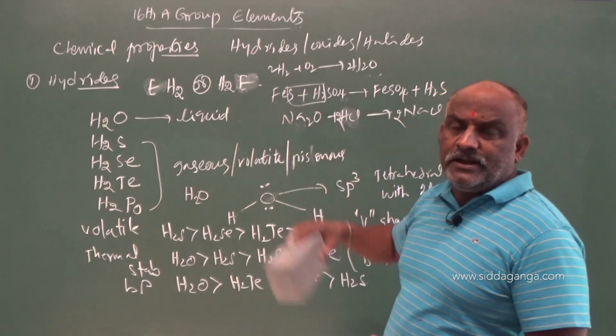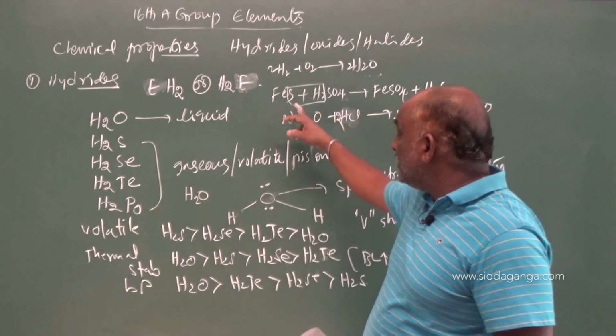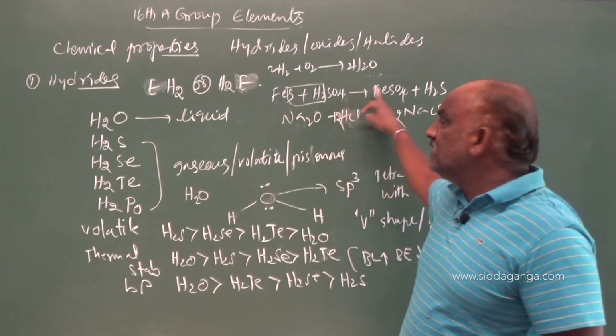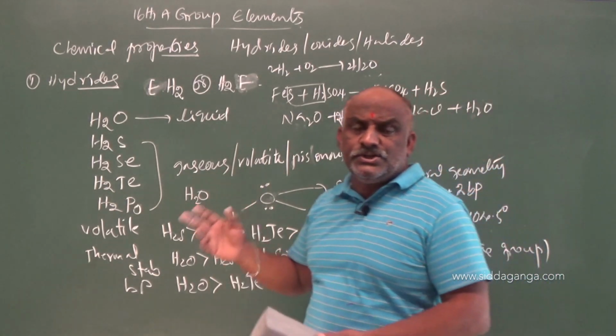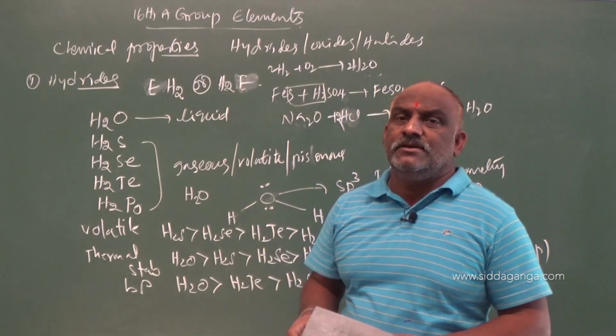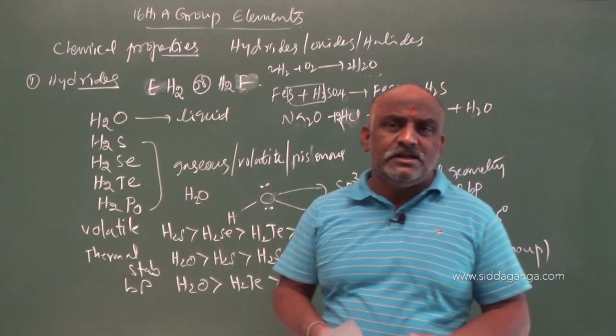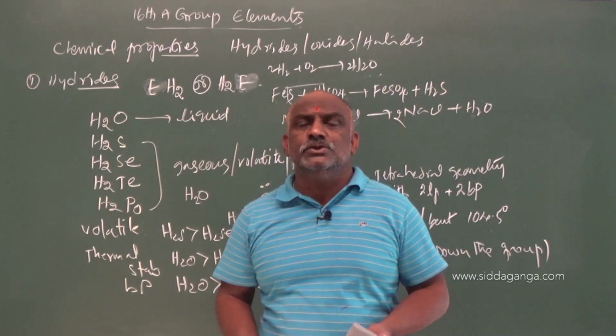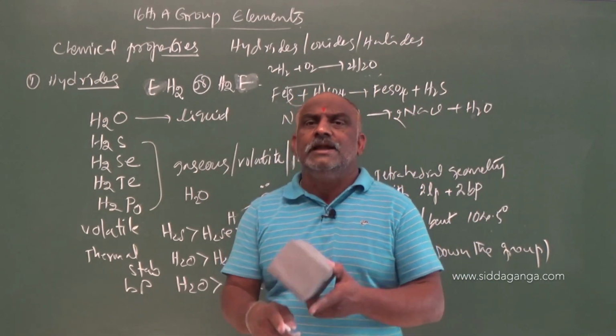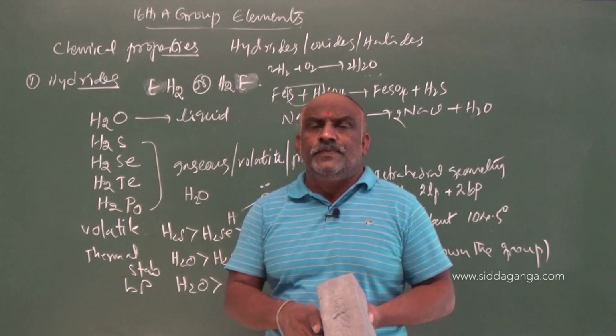When treated with sulfuric acid, they produce H2S, H2Se, H2Te. No need to take tension about the water molecule because it is easy to prepare by directly adding hydrogen to oxygen.